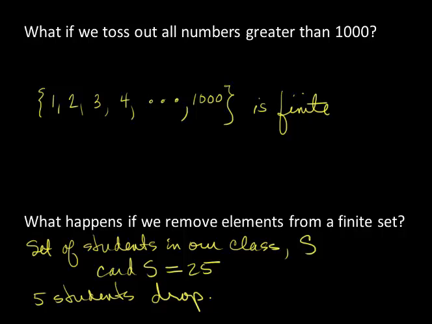So you see that in a finite set, if you remove elements, the set gets smaller. The cardinality is reduced. That's what our intuition always tells us. Throw things out, the set gets smaller. That's exactly what happens in our experience. Infinite sets are creations in our mind.